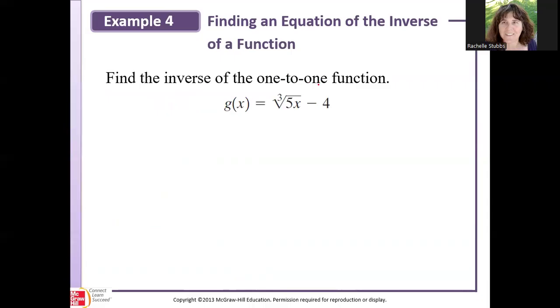Find the inverse of this one-to-one function. Okay, so this is really y equals the cubed root. Now I'm going to change places with x and y.